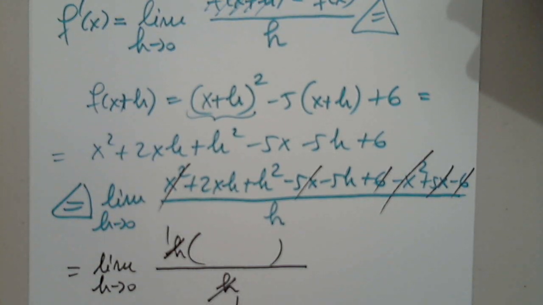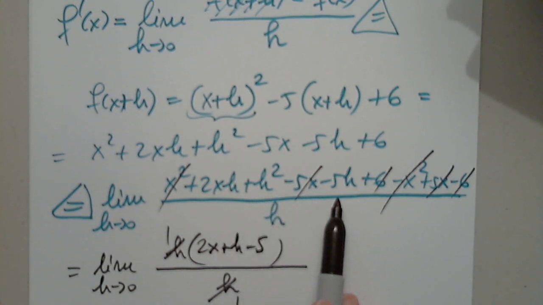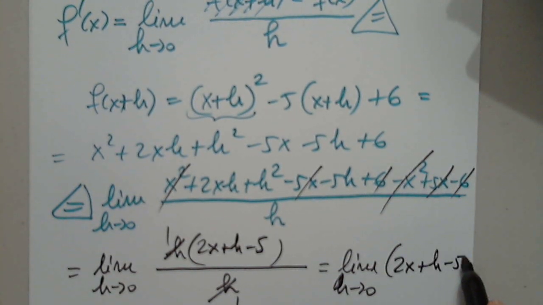So what do we have up here? So 1, 2, 3. I have to have three terms. h times 2x plus h minus 5. Good. So after this goes away, as h approaches 0, I have 2x plus h minus 5.